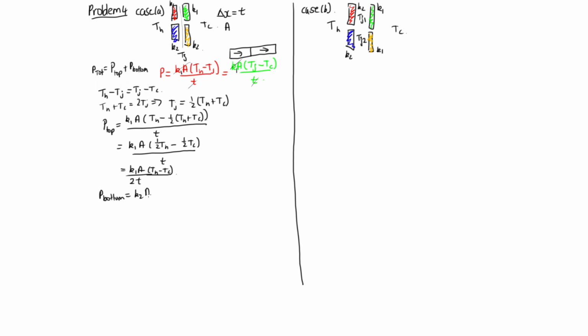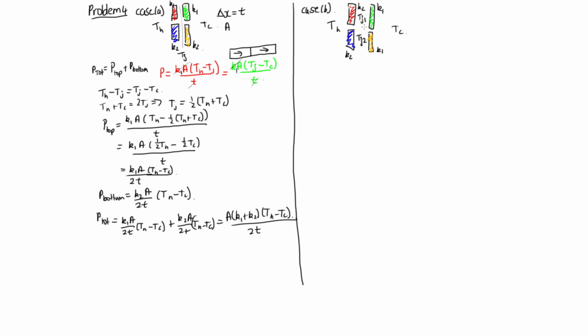So this will be K2A over 2T times (Th minus Tc), and so P total will be equal to K1A over 2T (Th minus Tc) plus K2A over 2T (Th minus Tc), and almost everything here is a common factor, so we can write this as A times (K1 plus K2) times (Th minus Tc) over 2T, and that's our total heat flowing through this setup here.